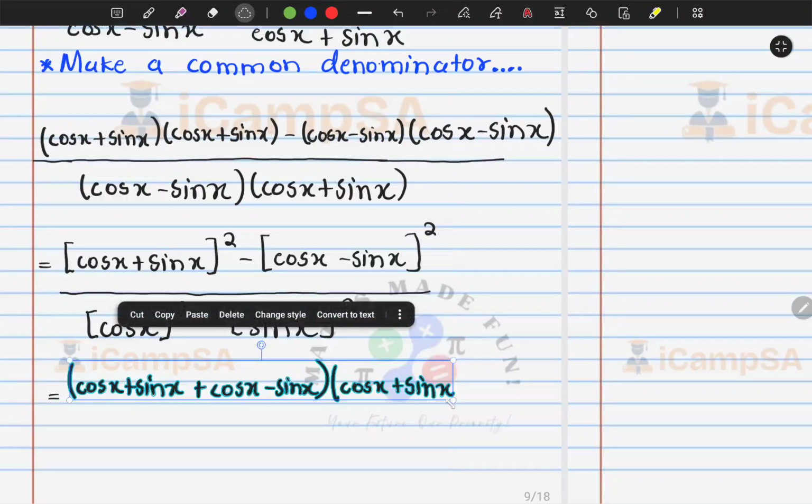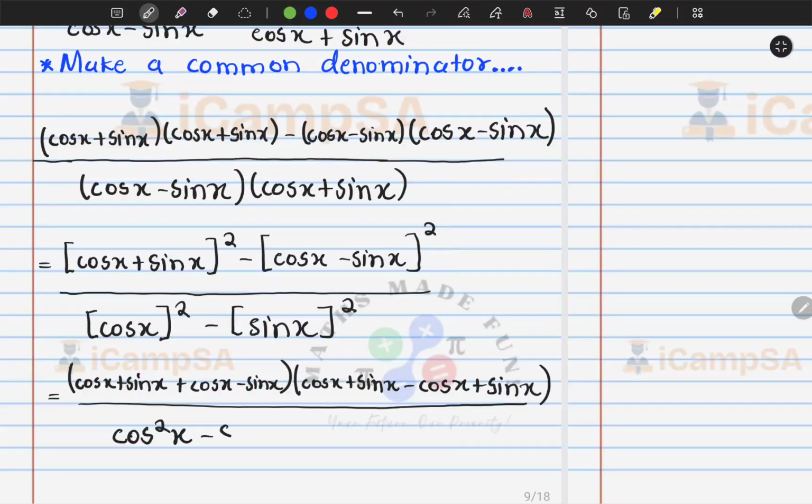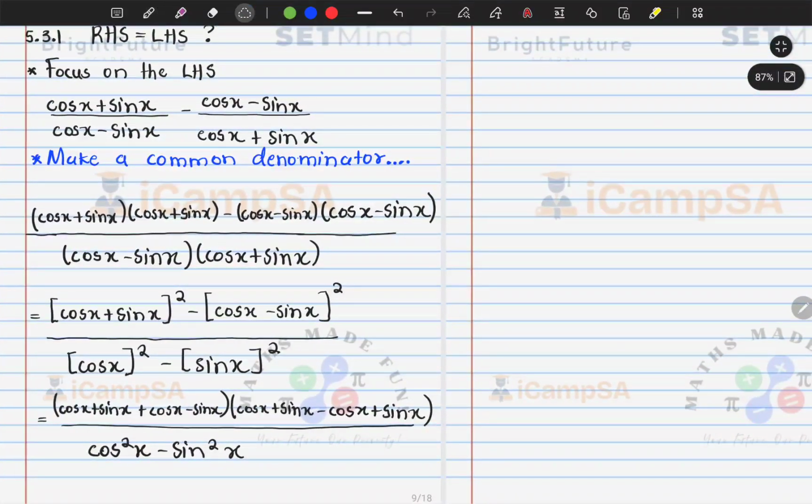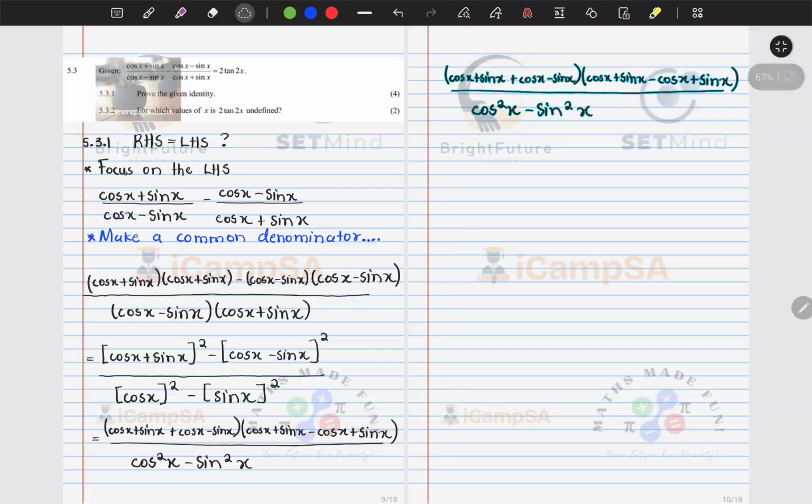Okay, let's create some space. When we now subtract, we minus cos, but the minus minus will make the sign to be positive. So it will be plus sine x. Okay, like that. And this is divided by cos squared x minus sine squared x. Okay, so let's go to the next page and see how this simplifies.